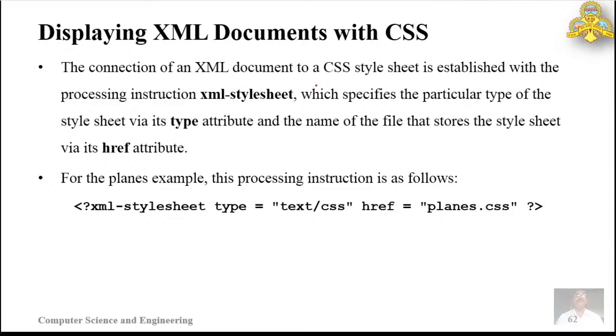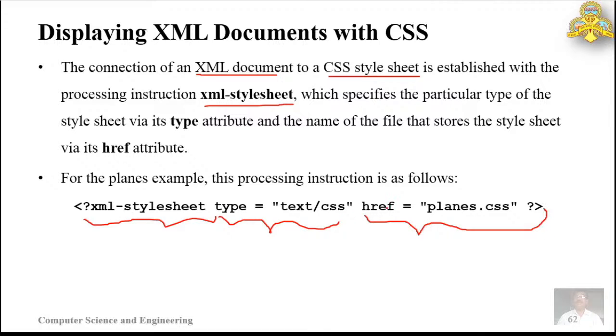And the style sheet must be linked with the XML document, that means a connection from the XML document to the CSS style sheet must be made, and for that the xml-stylesheet tag is used. Here is the example: xml-stylesheet type equals text/css, and the attribute href is used, for reference, href equals plain.css.